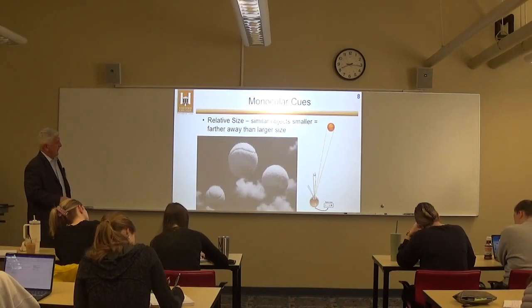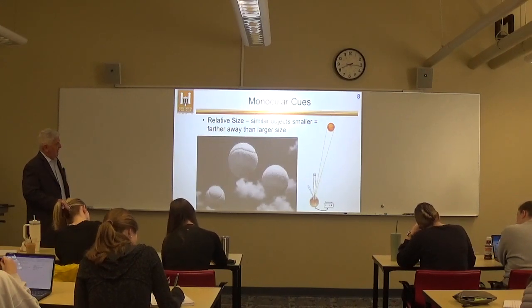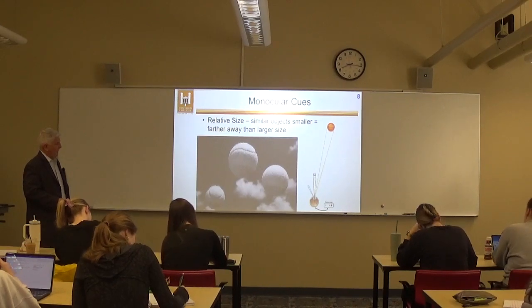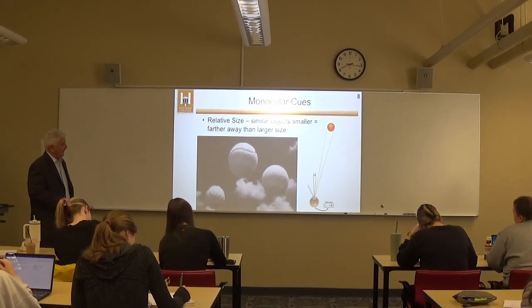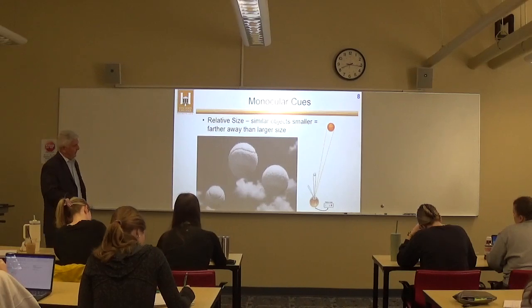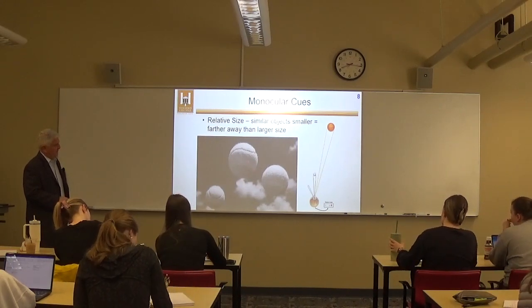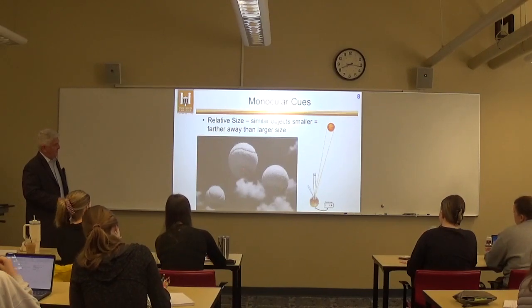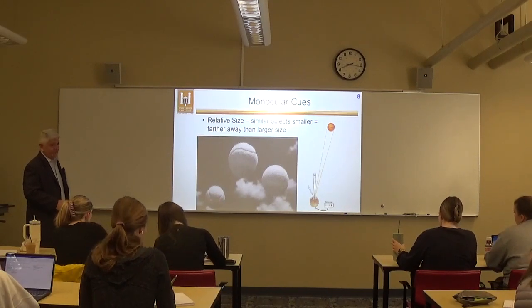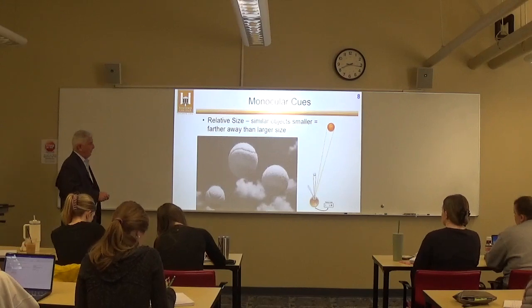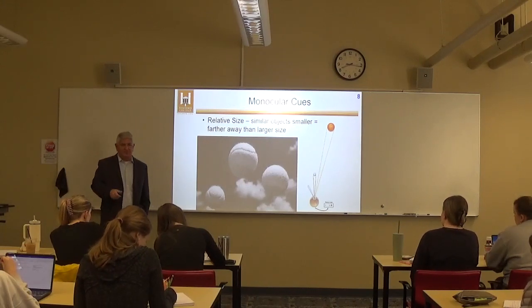Again, relative size and relative height can tell us, if we look at this picture, you see the biggest tennis ball, even though it's higher up, appears closer than the smaller one. Because we know that all three of these things are the same size.